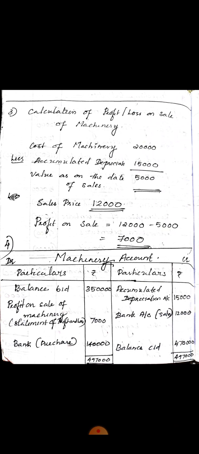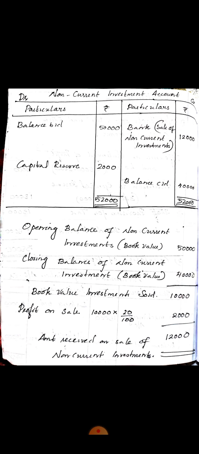Profit on sale of machinery rupees 7,000 is debited. Machinery account is debited with opening balance and profit on sale of machinery. Credited with accumulated depreciation, sale of machinery and closing balance. Balancing figure rupees 1,40,000 is the purchase of machinery.